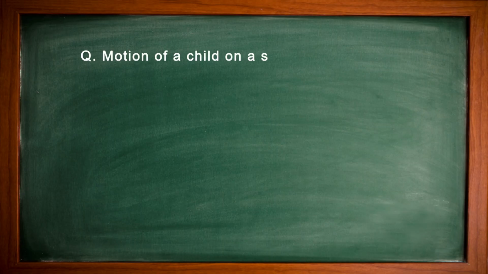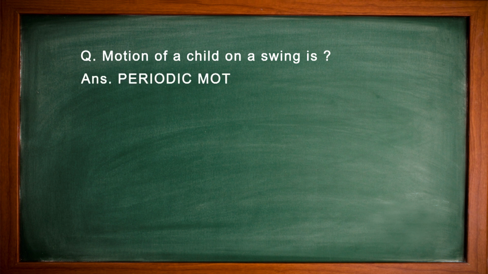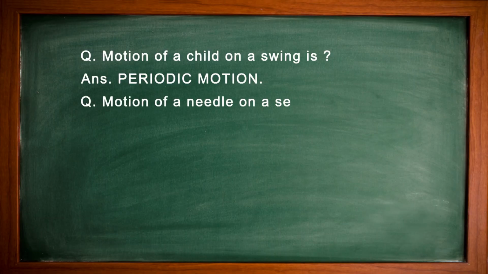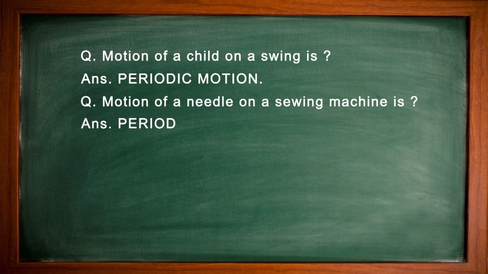So let's do a little bit of evaluation. My question is, motion of a child on a swing is periodic motion. Next, motion of a needle on a sewing machine is periodic motion.